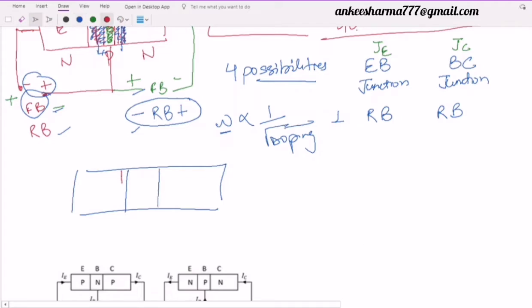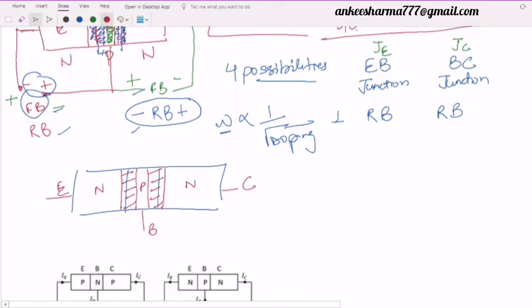So I'm going to have depletion regions like this. This is emitter, this is base, and this is collector. Now let us assume this to be NPN. It will be easy for us to discuss NPN because we have electrons over there.